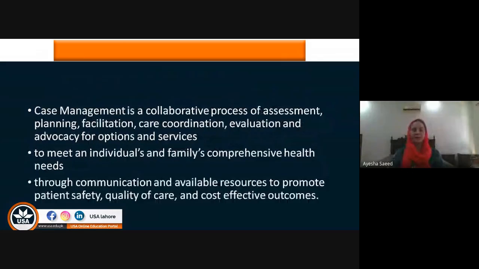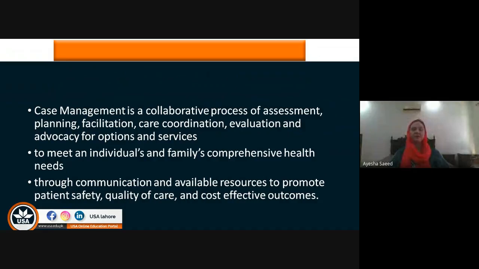Case management, this is the definition. It has 3 points. This is a collaborative process of assessment, planning, facilitation, coordination, evaluation, and advocacy for options and services to meet an individual's health needs through communication and available resources to promote patient safety, quality of care, and cost-effective outcomes.